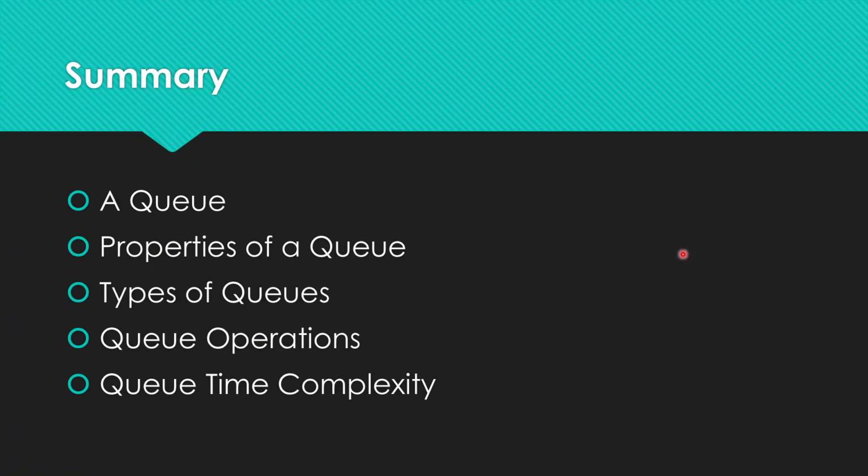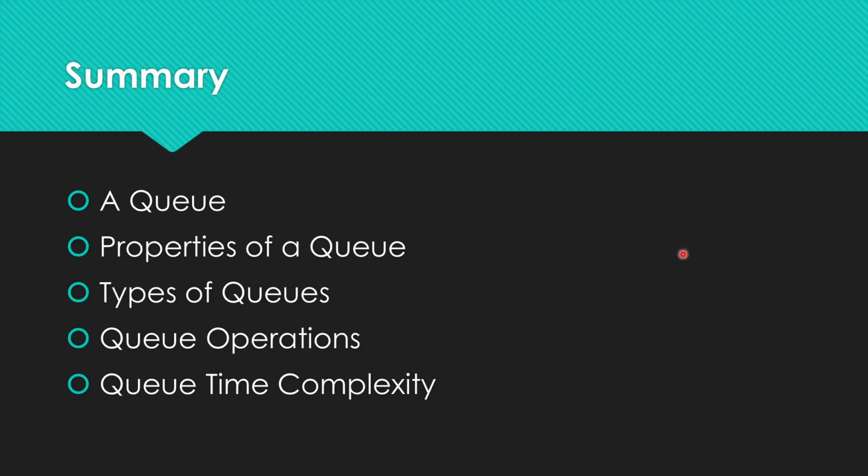Okay, so that is it about the queue. So we've learned that a queue is a linear data structure that has a front and a rear, and that we only add items from the rear and remove items from the front of the queue. We've also learned that we have different types of queues, including the simple queues, the circular queues, the priority queues, and also the double-ended queues.